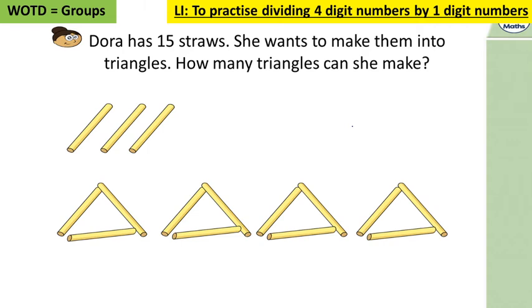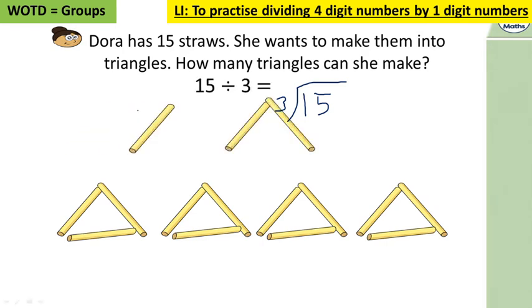Right, the next one. We've started off for you. So Dora has 15 straws. She wants to make the triangles. How many triangles can she make? You can see that we've already got the 4 here from the 12, and then we've got 3 left. So we're doing 15 divided by 3. So are we going to have 4 remainder 3 or something else? Still got 3. Triangles have 3 sides, so you can make 5 triangles.